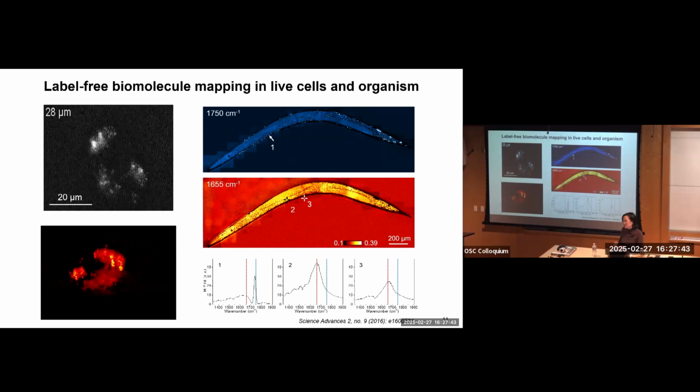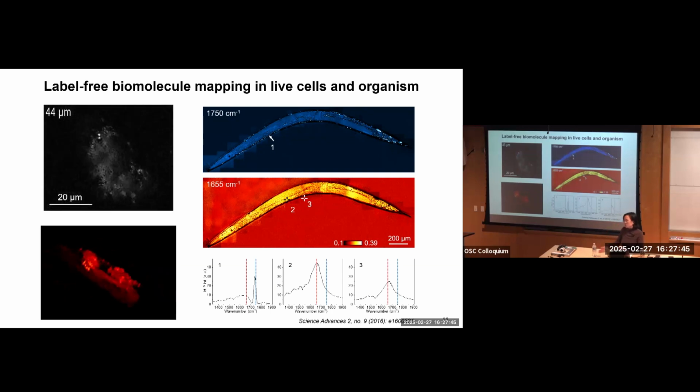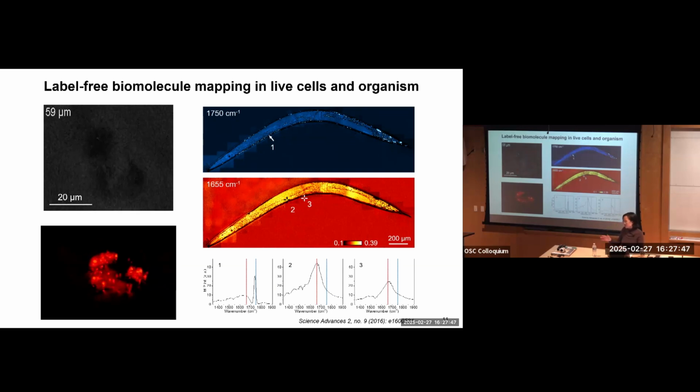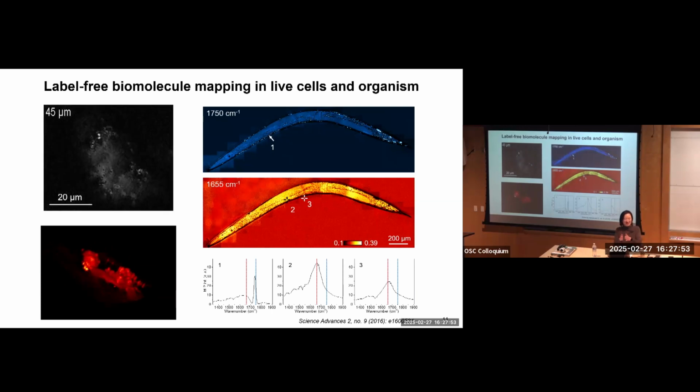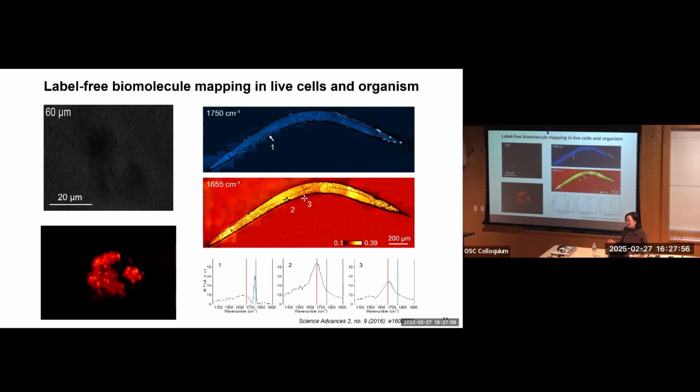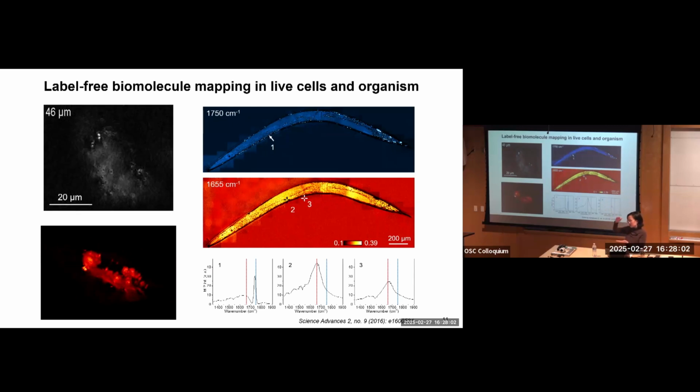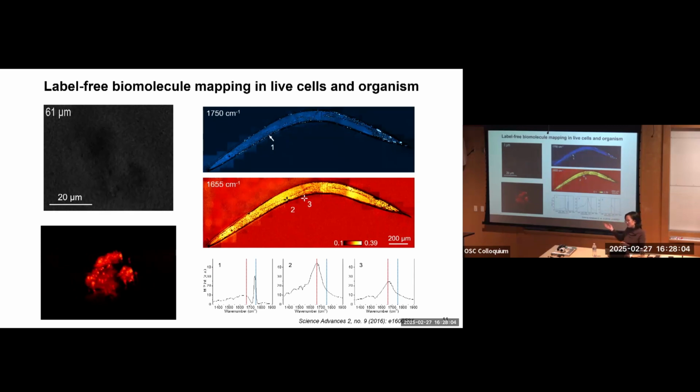If you focus your IR light on the water absorbing peak, the penetration depth is probably less than 10 micron, which echoes back to the endoscope issue. But if you tune away, say to the lipid peak, as you can see, even as deep as 80 micron we can still get some contrast. It all depends on which absorbing peak you are using for the infrared.